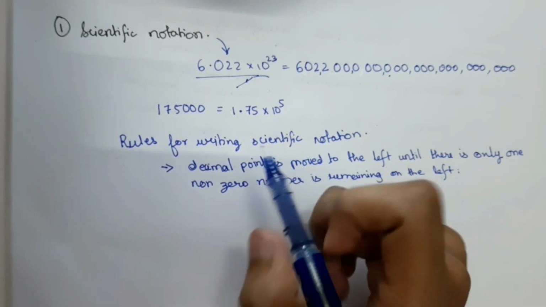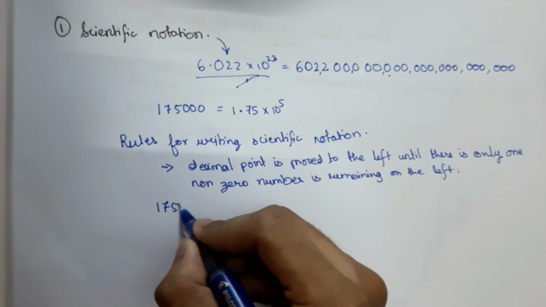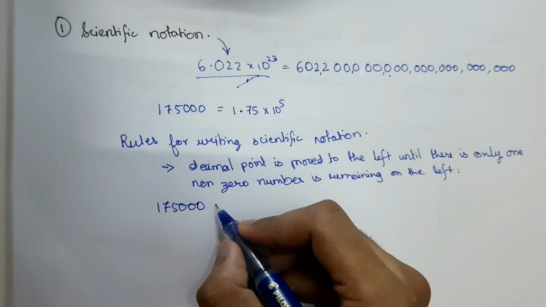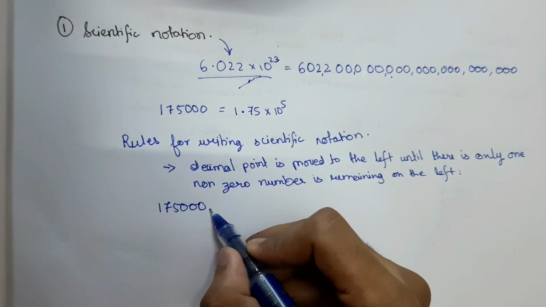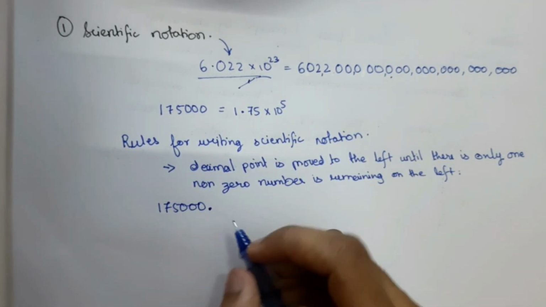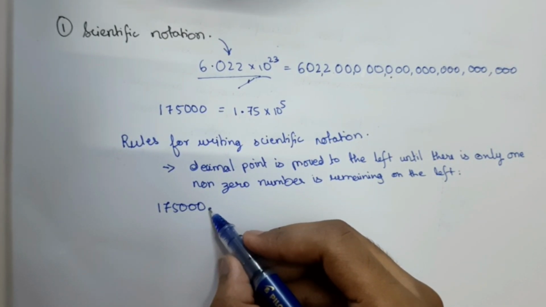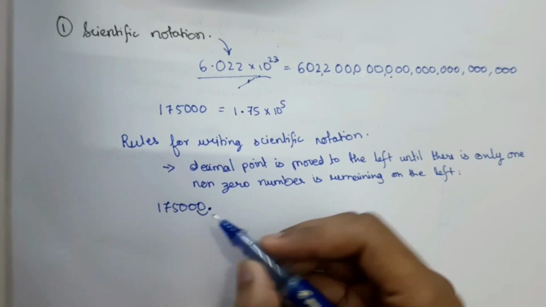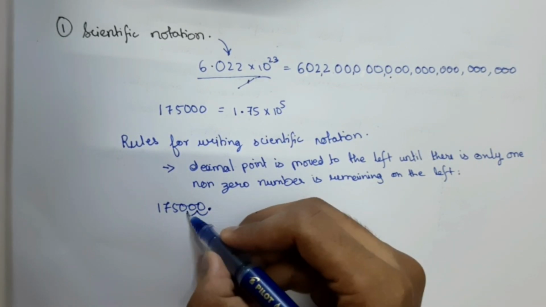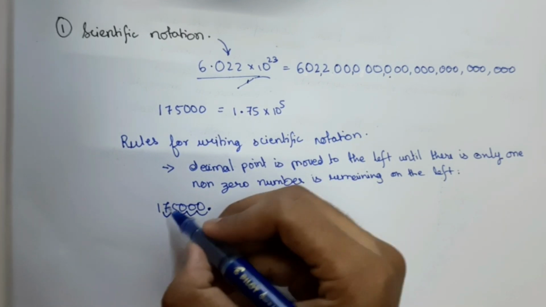So what does that mean? Let us take the same example. In this example, we can see that there are 6 digits, and the decimal point is present over here after the sixth digit. We are moving the decimal point towards the left: 1 place, 2 places, 3 places, 4 places, 5 places.